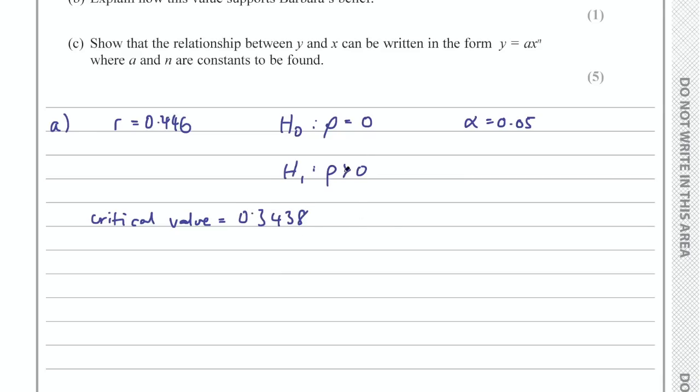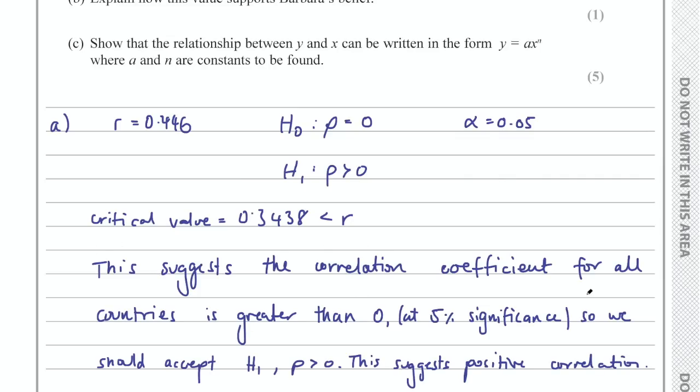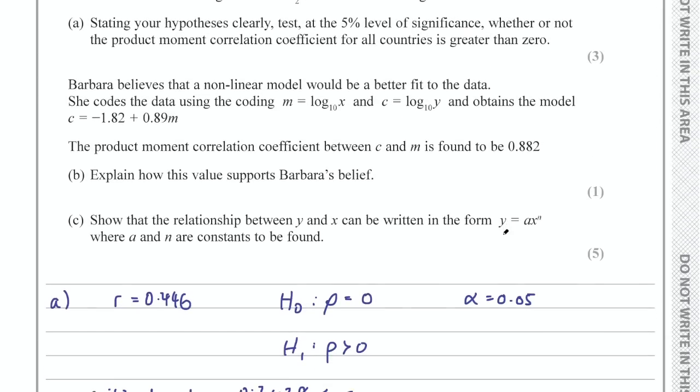That is clearly less than our sample r, so this would suggest that our r in this sample is significant, and this suggests there is a positive correlation. So let's try to summarize this. This suggests the correlation coefficient for all countries is greater than 0 at the 5% significance level, so we should accept the alternative hypothesis that rho is greater than 0. This suggests positive correlation. So that was part A.